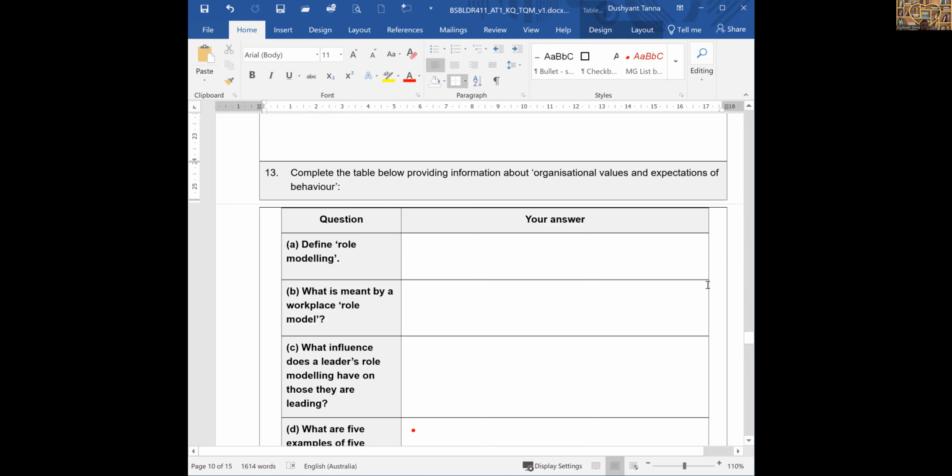Role modeling is demonstrating or displaying the required attitude or behavior. If you're a role model, what do you need to do? That's what role modeling is, right? You need to come on time, leave on time, do all the work, don't speak negative. All the role modeling tactics that we say is what is called role modeling.